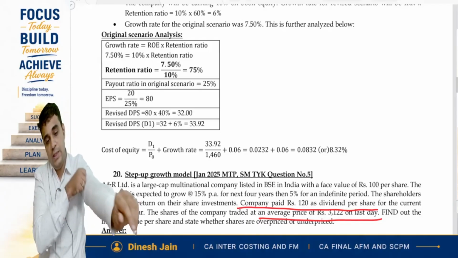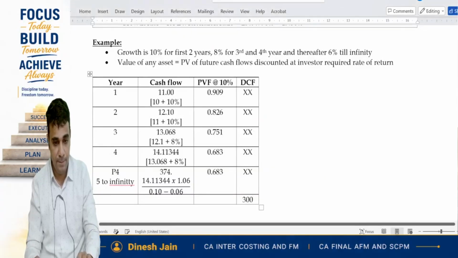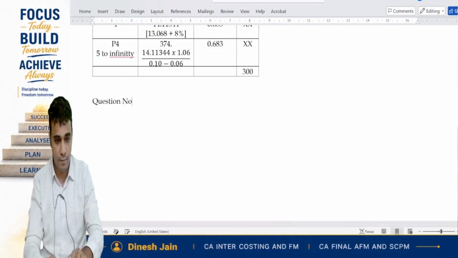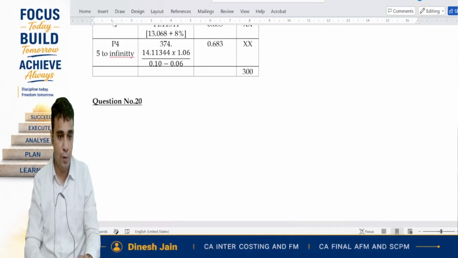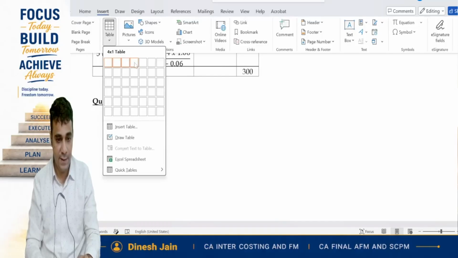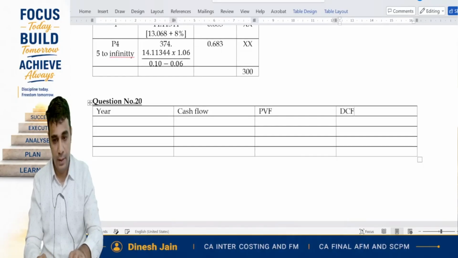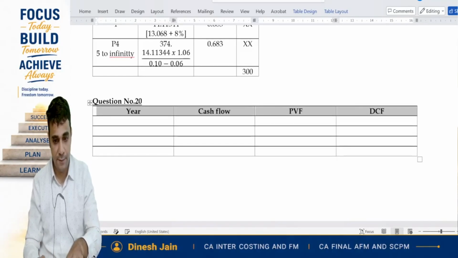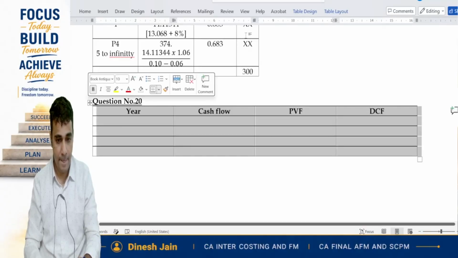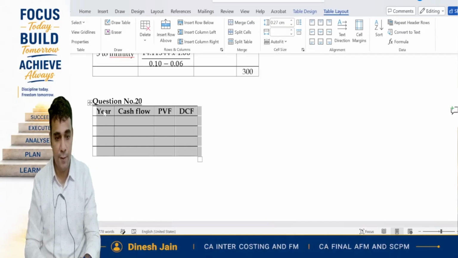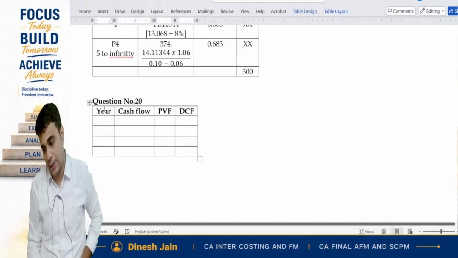Open 4 columns. Year, cash flow, PVF, DCF. Question 20. Present value factor and discounted cash flow.